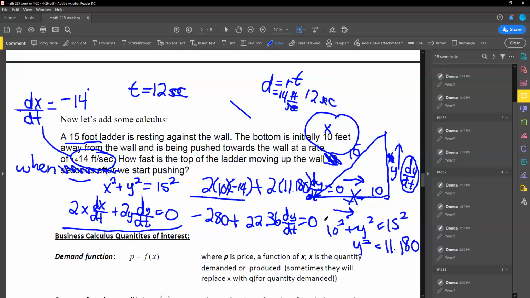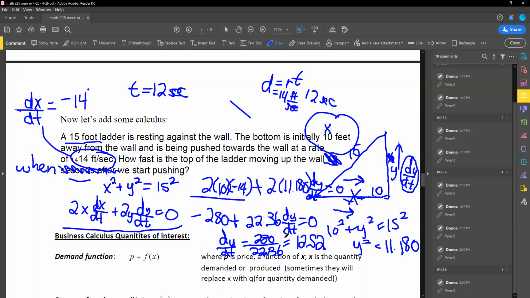So you're going to move the 280 over and divide by 22.36. So let me do that in my calculator. I get 12.52.